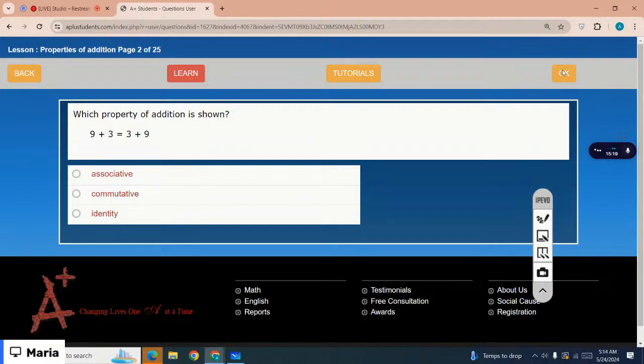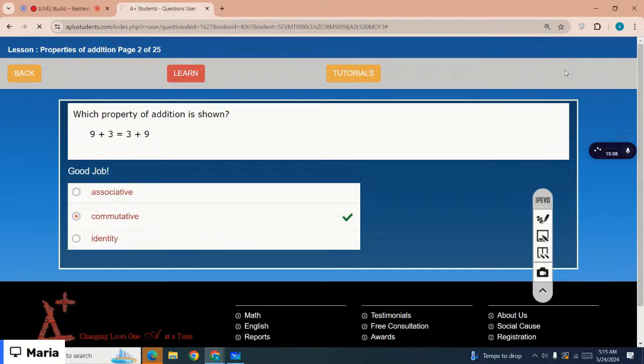That is the associative property, right? Sorry, commutative, you're right. That is the commutative property, because on both sides the numbers are exactly the same, just the order of writing them is different. Option number two is the correct option. Very good.